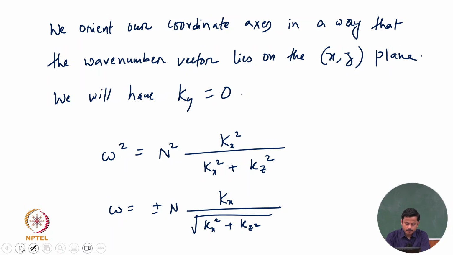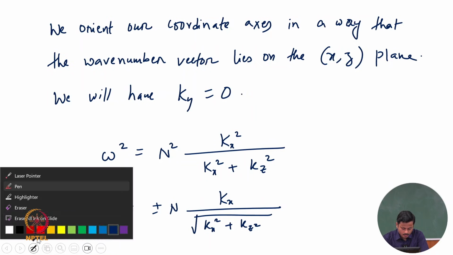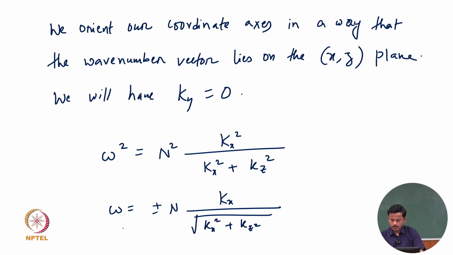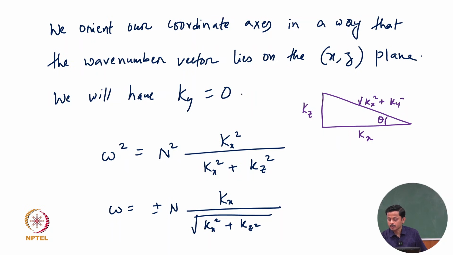Now let's see what this term means. What does this ratio, kx by root kx squared plus kz squared, mean? kz is aligned along the z direction, kx is aligned along the x direction, and let's say the angle between them is theta, and this is the hypotenuse, the square root of kx squared plus kz squared.